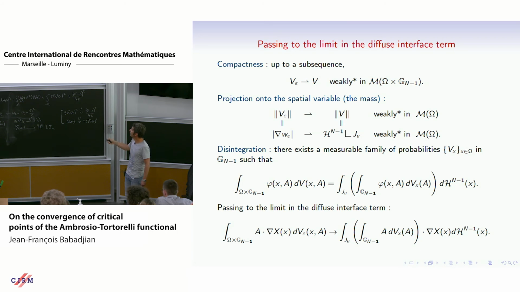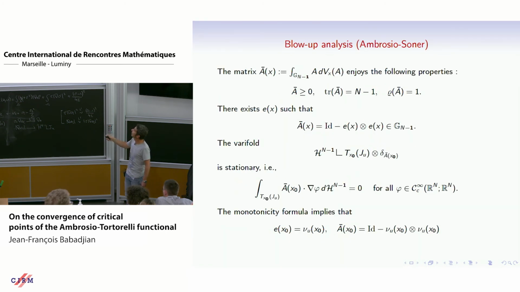This is something which only depends on x, and I give it a name. I call it A bar of x. Once I identify this matrix, I am done. This will be done using a blow-up analysis, similar to what Ambrosio and Soner did in the Ginzburg-Landau context.